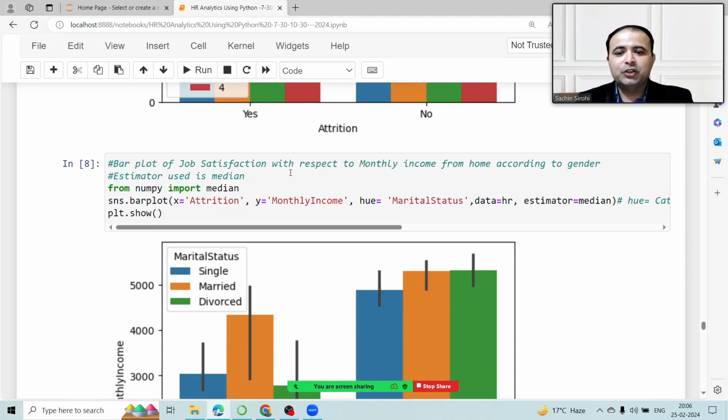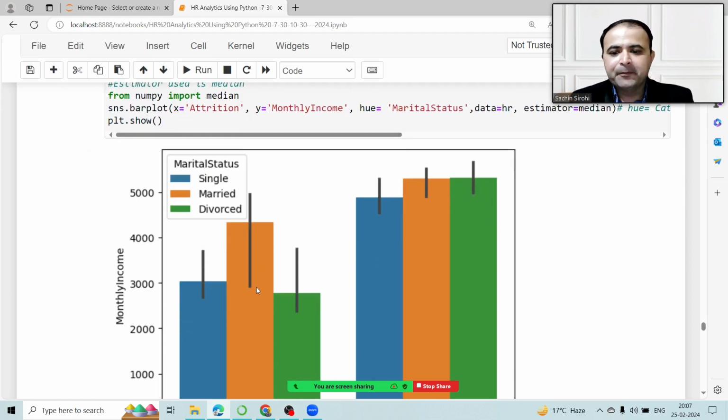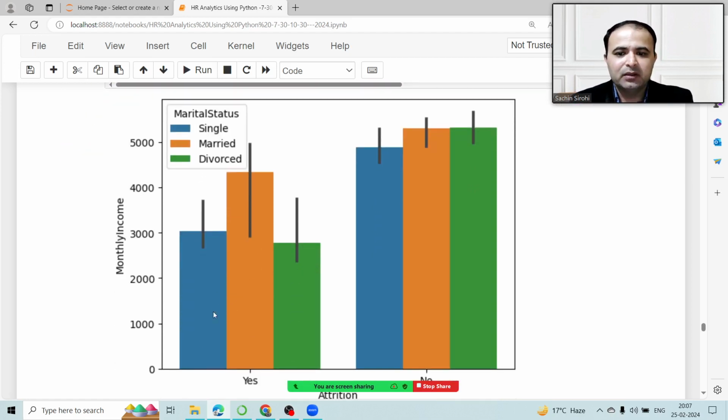Now the bar plot for job satisfaction. I want to check the attrition according to monthly income, the same, but according to marital status. Single is one, and married is this one.